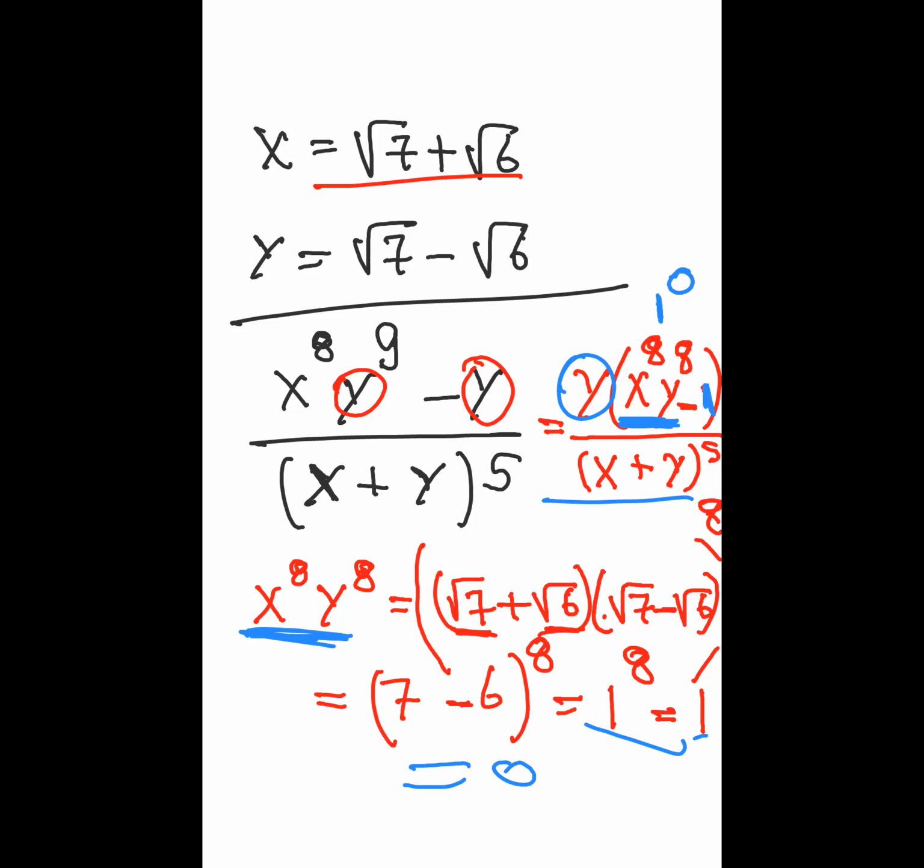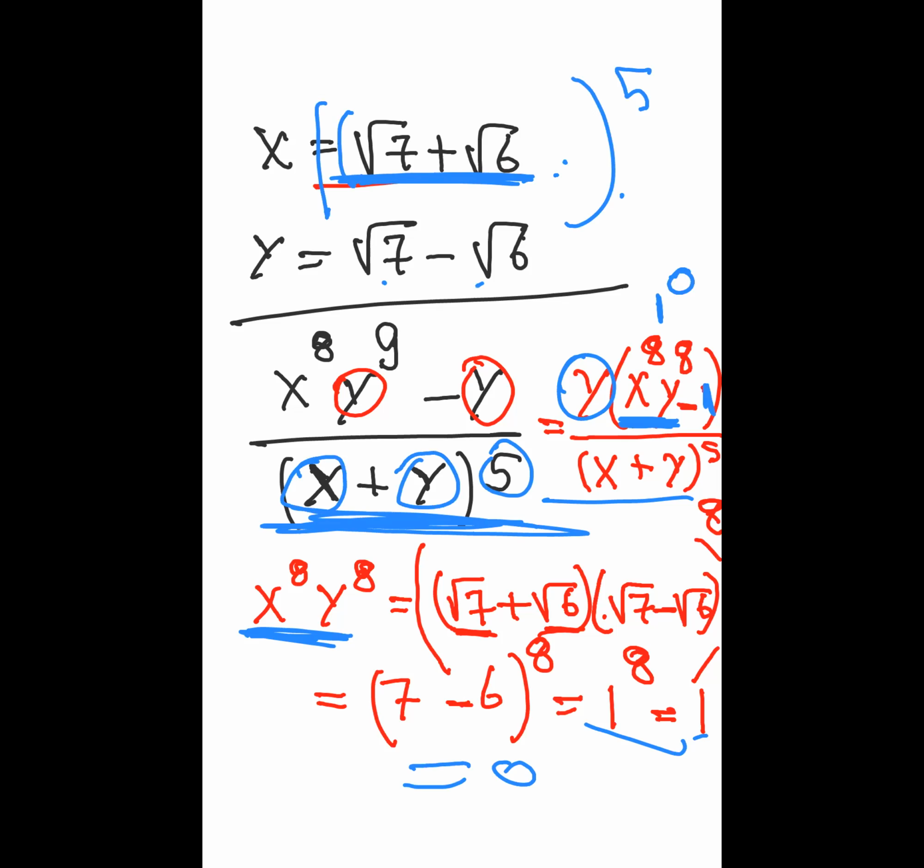Just stop here. Don't substitute x plus y at the power of 5. Just write down that the numerator equals 0 over whatever the denominator, so it will equal 0, because 0 divided by anything equals 0.